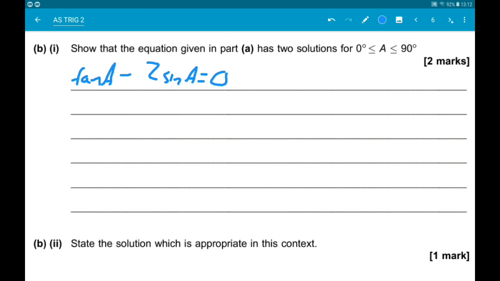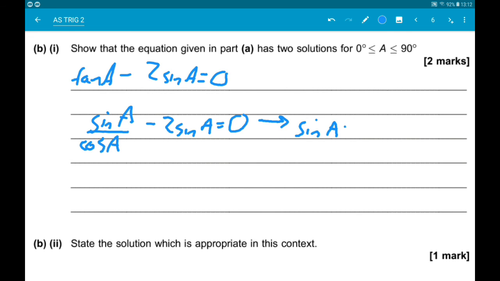Now tan A is sine A over cos A. Okay, now if we multiply through by cos A, then we get sine A minus 2 sine A cos A is equal to 0.